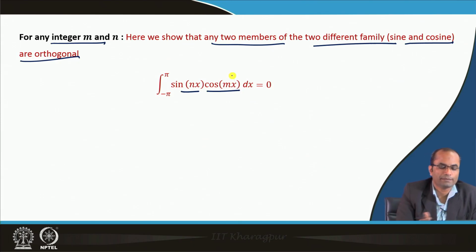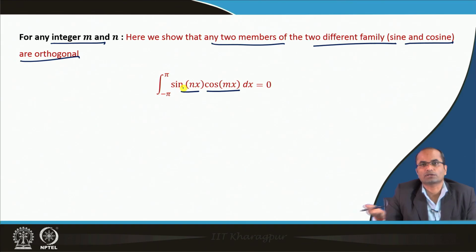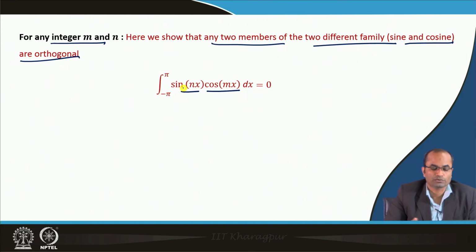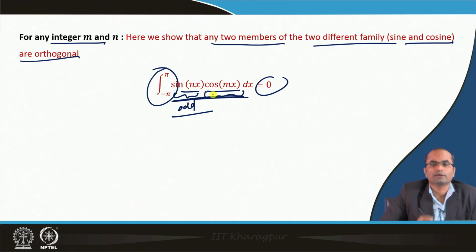Here n and m may be the same, because the family is different, so we can talk about sin x cos x. That value will also be 0, and here the reasoning is very clear. The cos is an even function, sine is an odd function, and when we integrate from minus pi to pi, this integrand is odd. So, the value is 0 irrespective of whatever n or m is.